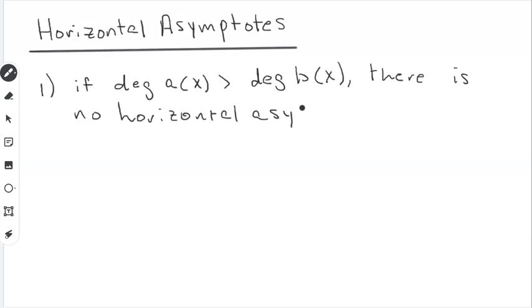So what does that mean? Well, degree just means the highest exponent, right? Degree means the highest exponent.